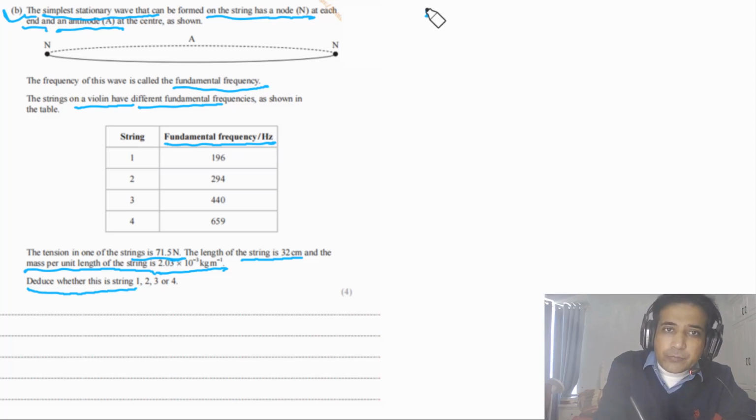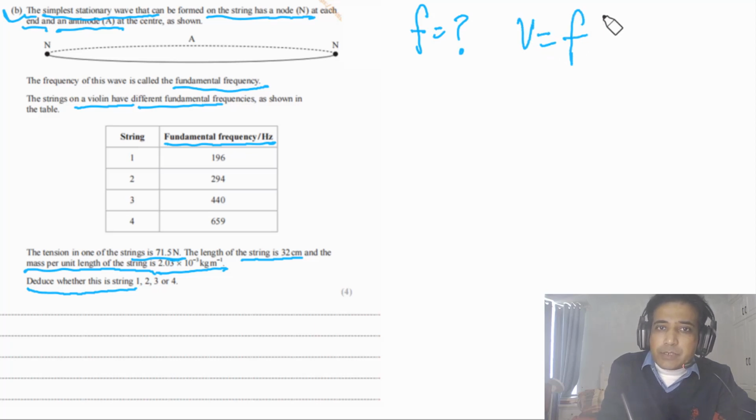So how can we calculate the fundamental frequency f? In order to calculate f, we use v = fλ. So simply we can say f will be equal to v divided by λ.